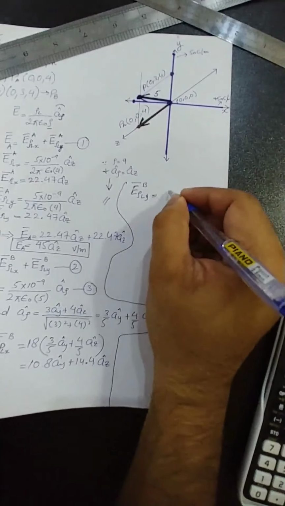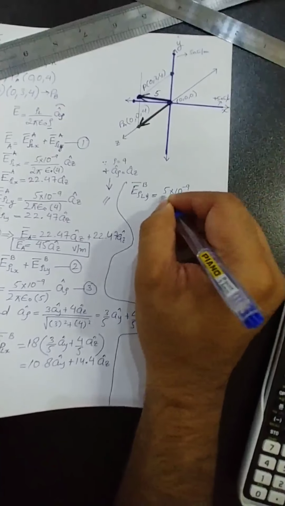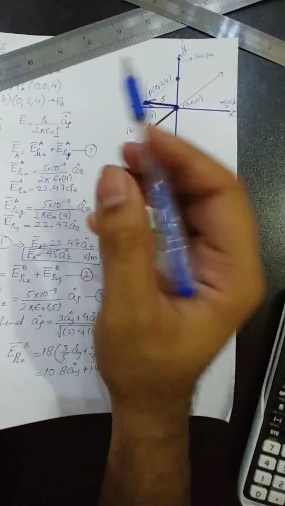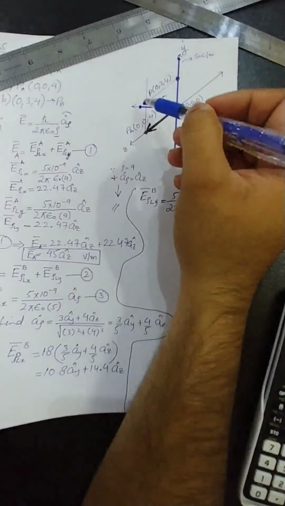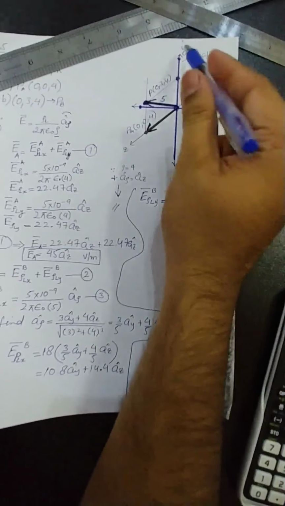Which would be equal to rho L, which is 5 nano, divided by 2 pi epsilon naught. Now we need rho and a rho again, this time. So this is the field point, this is the line charge.